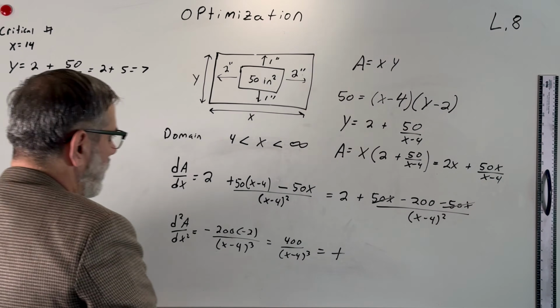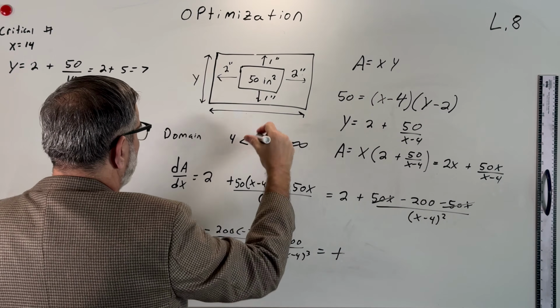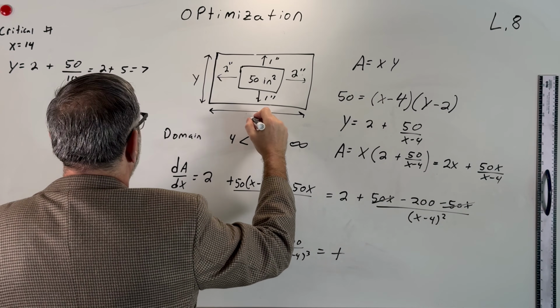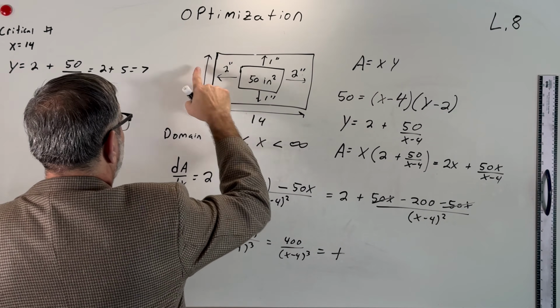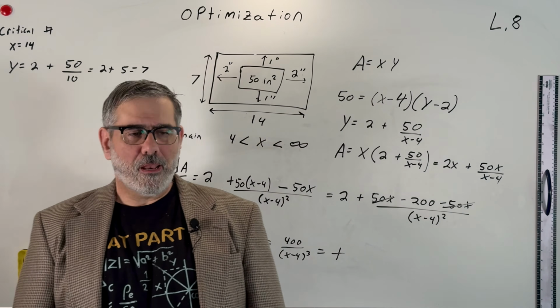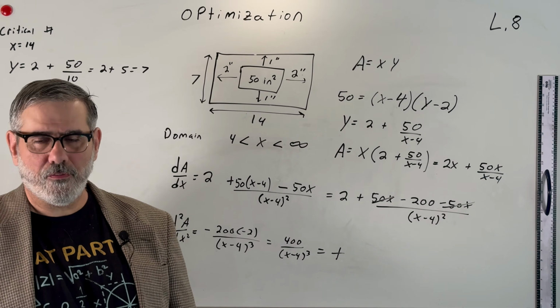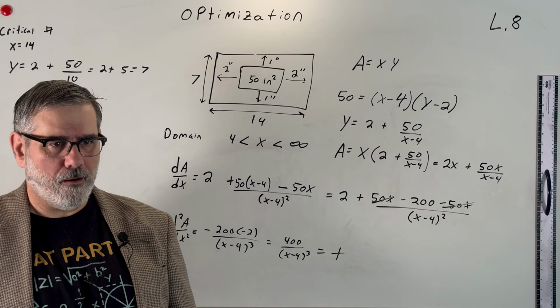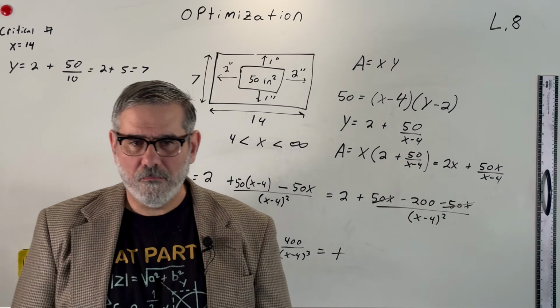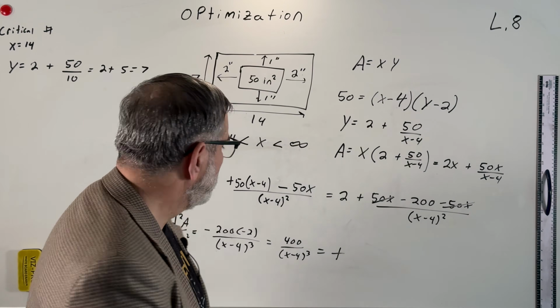So the optimal dimensions for this advertisement are x equal to 14 and y equal to 7. Now it might benefit you to try some other values for x and y and see how much different the area is. You can do that. But let's go ahead and move on and let's try another type of optimization problem.